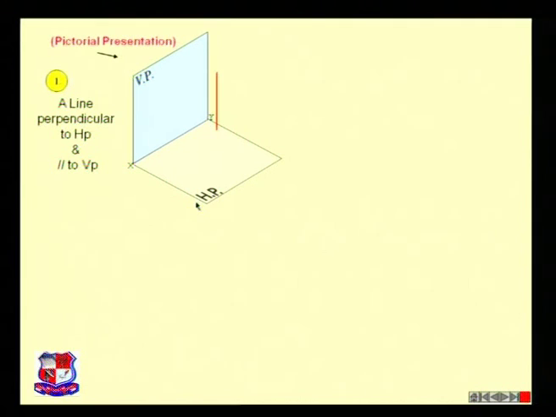As you can see, the horizontal plane and vertical plane meet each other at 90 degrees. Same is the case over here. At some point on the horizontal plane we have a line which is perpendicular to the horizontal plane, but not on the vertical plane. It is parallel to the vertical plane. The line is called AB.